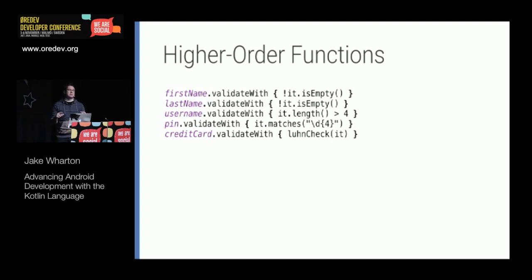An interesting thing to note is that the way that Kotlin implements these pieces of code in a function expression is the same way that you would do it in Java. It uses classes. Normally you would do validate with, and you create a new anonymous class and put your data in there. But when I talked about non-capturing anonymous classes, that class that you create is going to have a reference to the outer class.